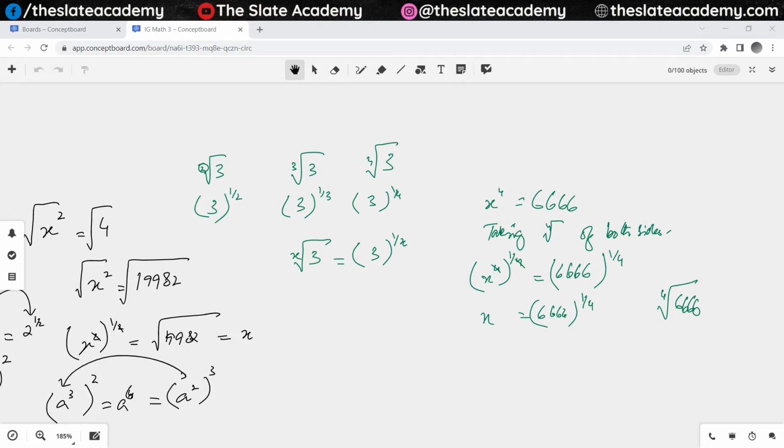So you press shift and then you press this x to the power box. So that gives you that root with the option to write the outside number as well. So you write 4 and within it you write 6666. So that gives you 9.0357.